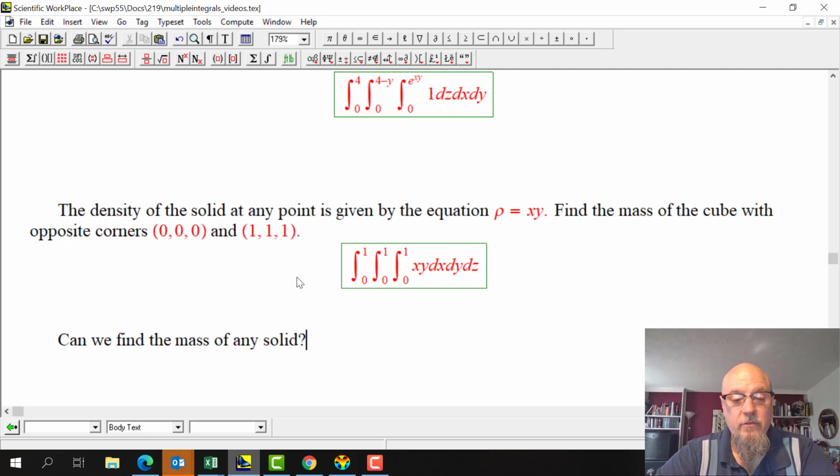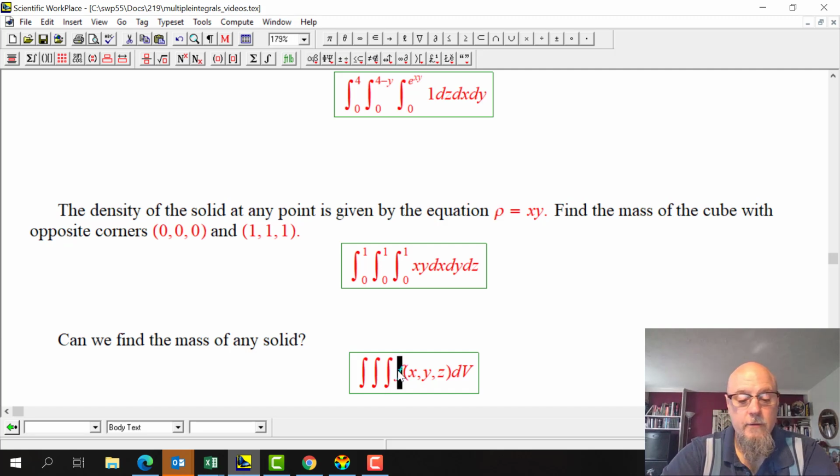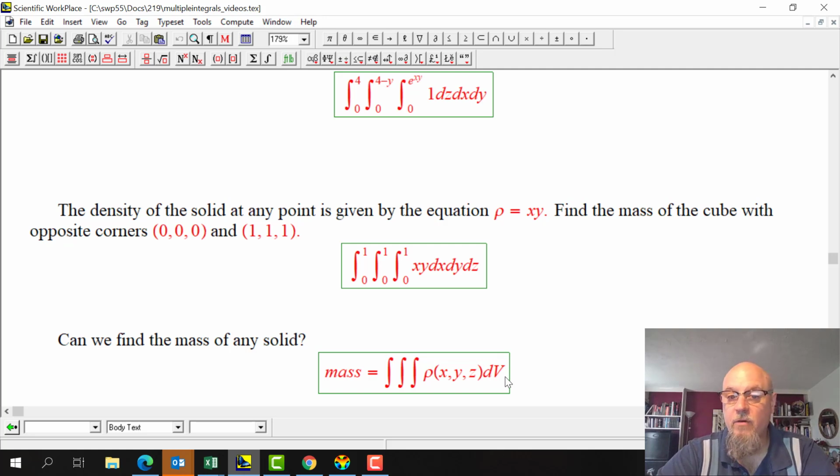Yeah, because if our density is not constant, then it's a function of our position, and then the mass is just going to be equal to the triple integral of the density over that volume. So the short answer, can we find the mass of any solid? Yes, a triple integral of that density function.